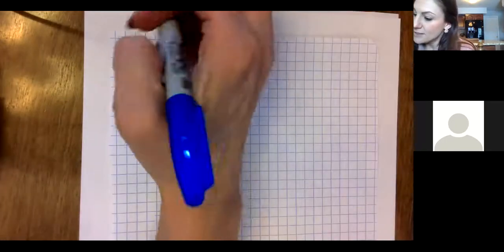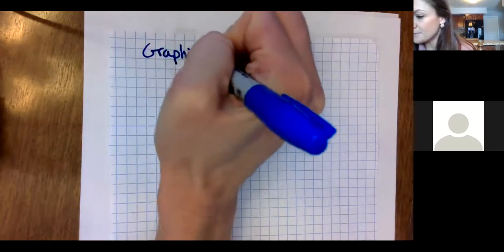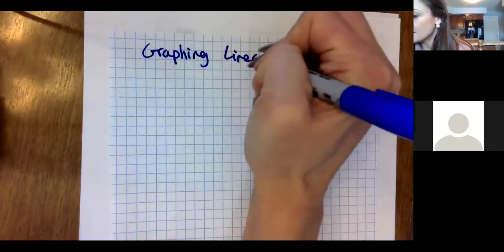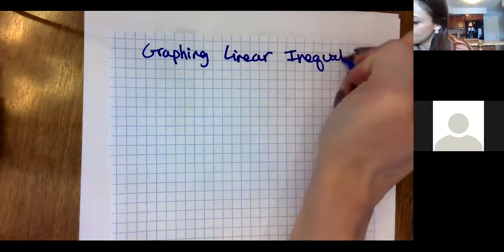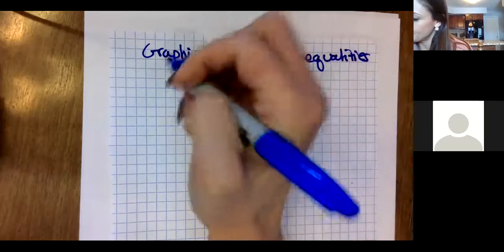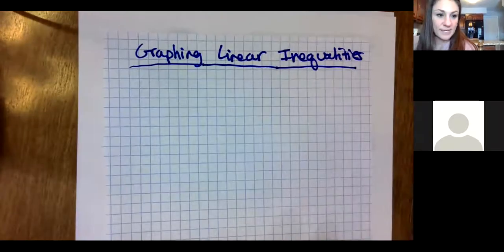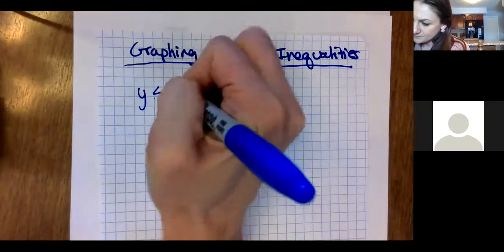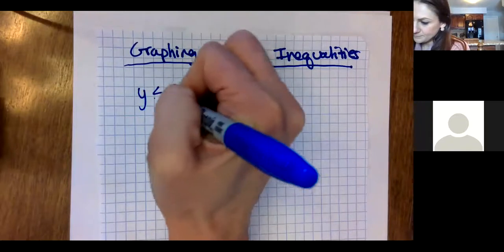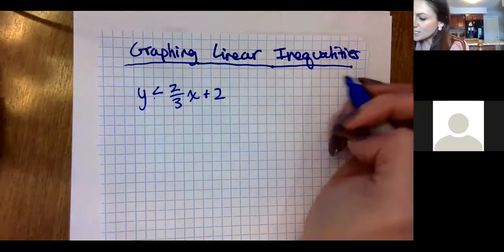All right. So today we learned about graphing linear inequalities. So let's go through the process of how to graph. All right, so we have this equation.